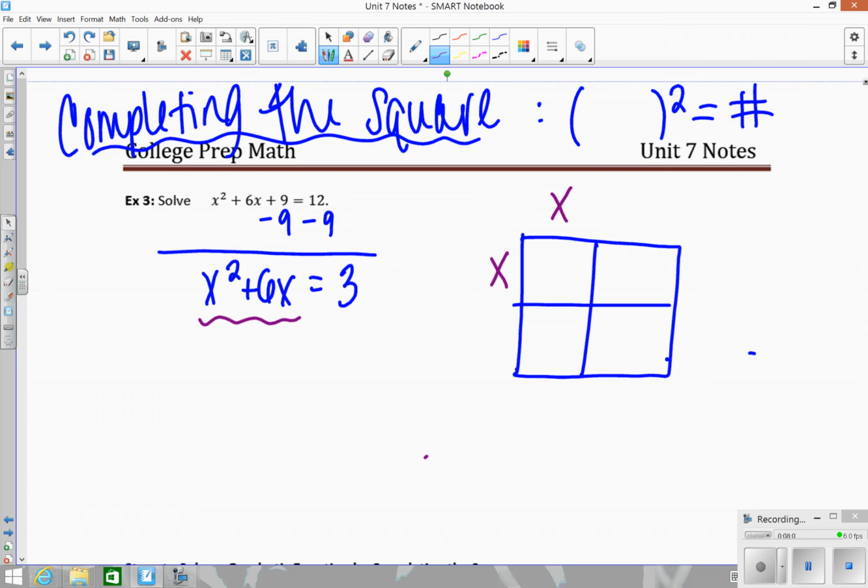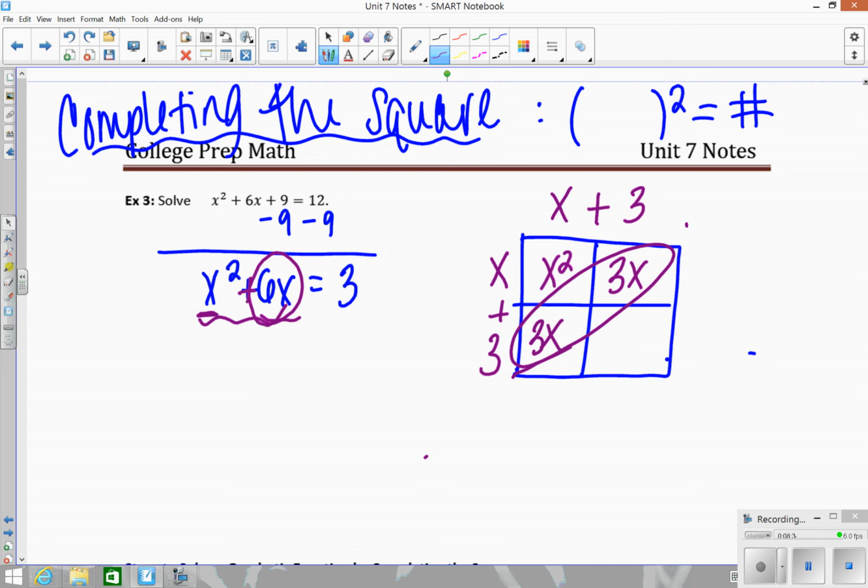The next thing I need to do is split this up evenly, which means dividing it by 2. So if I take 6 and split it up, it becomes positive 3 and positive 3. If you were to multiply these, this x squared is from right here, and then this is going to be 3x and 3x, which would give you that 6x, the middle term.